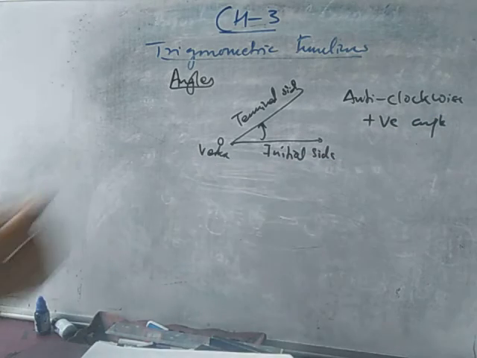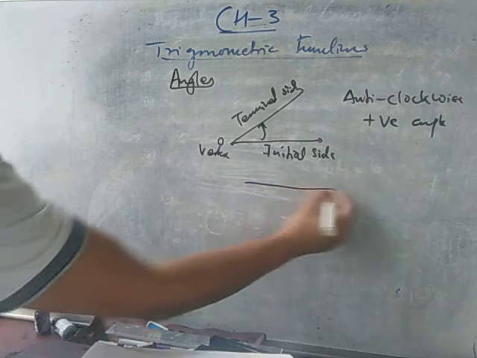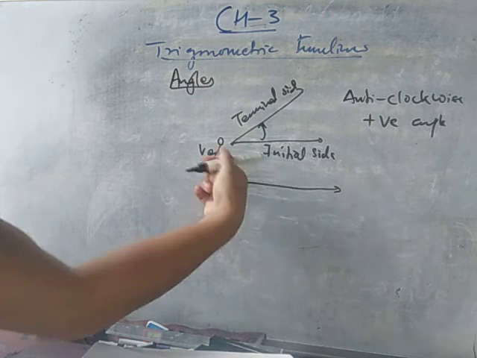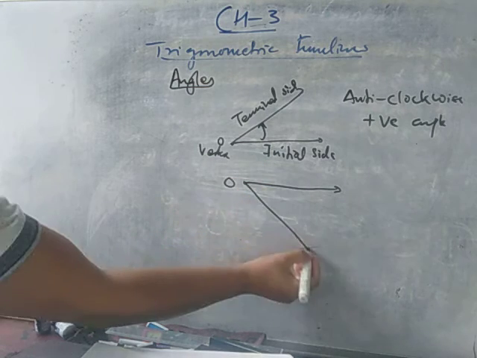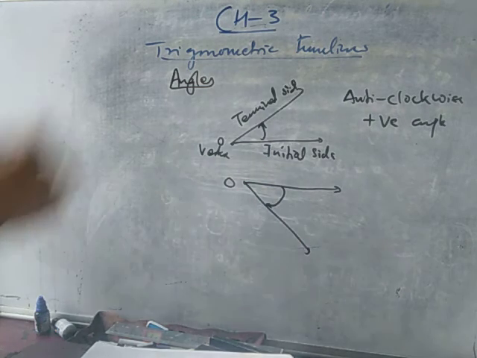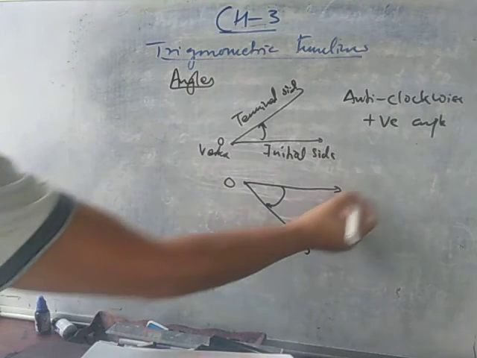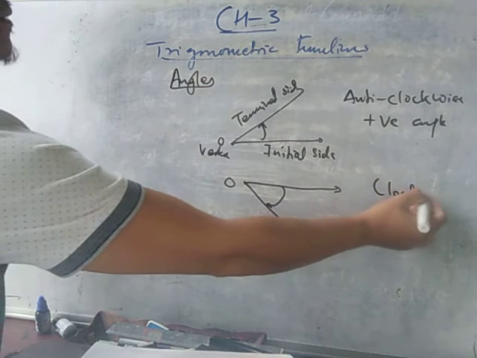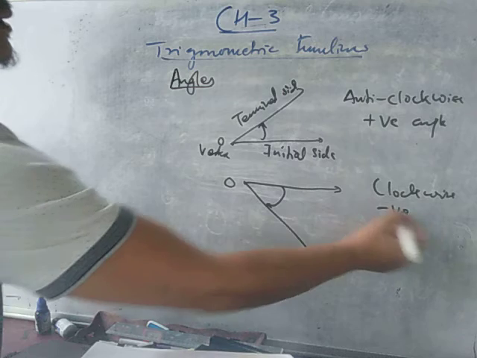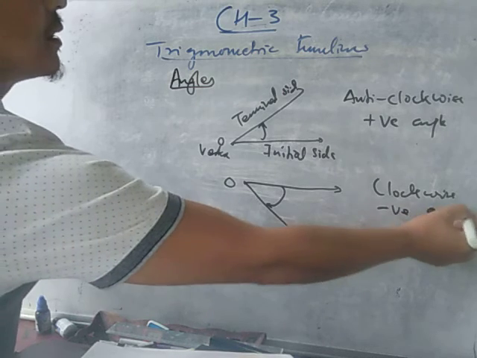And if you go from the initial point clockwise, this is your clockwise, isn't it? Now you should be proper with direction also, okay? So clockwise, you'll get negative angles, right?